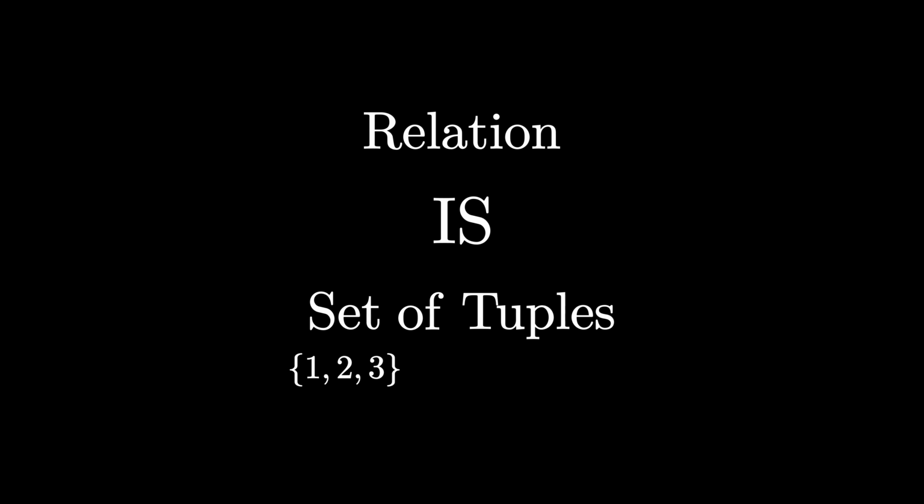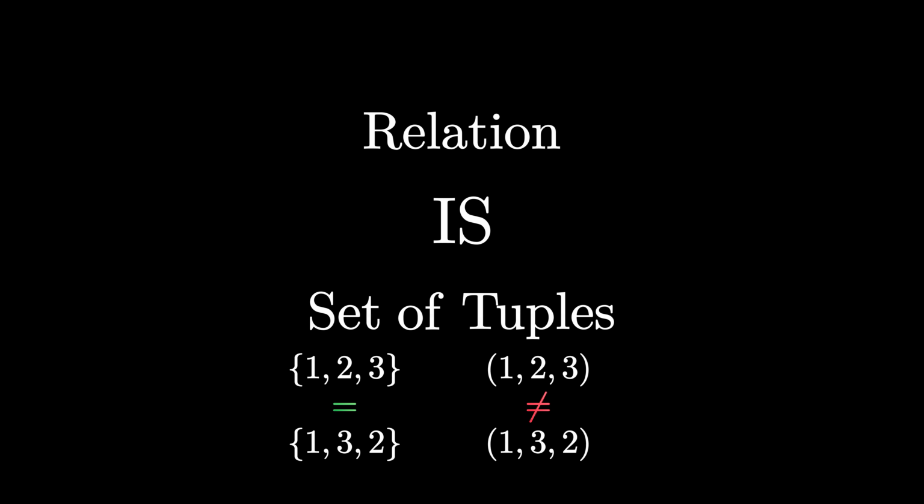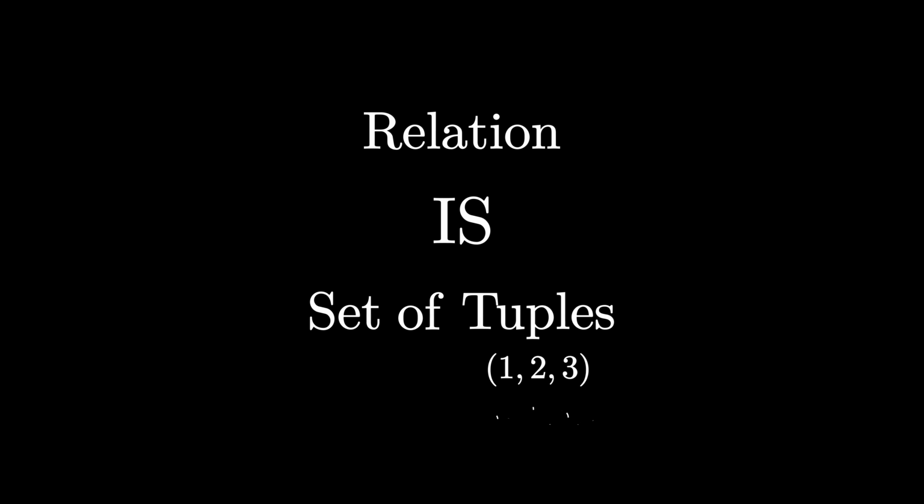A tuple is basically the same thing, but unlike a set, we use round brackets here and the order of the objects matters. While the set with the elements 1, 2, 3 and the set with the elements 1, 3, 2 are the same, the tuples 1, 2, 3 and 1, 3, 2 are different. A tuple with 3 elements is called a 3-tuple, one with 4 elements a 4-tuple, and so on.